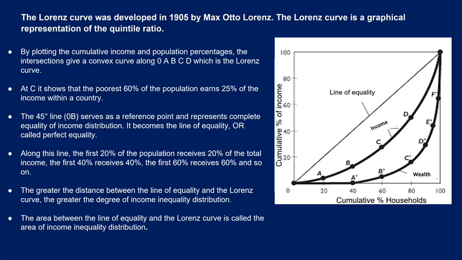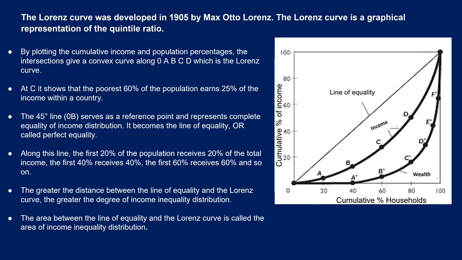At C, it shows that the poorest 60% of the population, there's the 60% of the households, right? They earn, so we go from C and you go across, and you will see they earn about 25% of income within the country. We have the 45-degree line here.